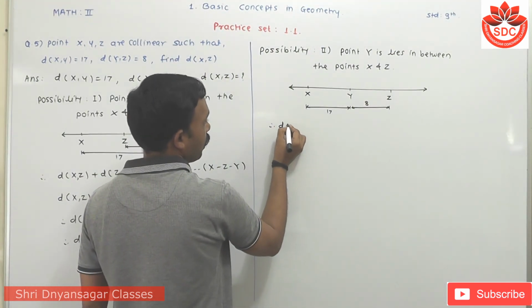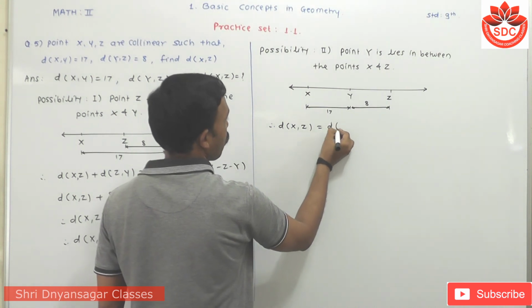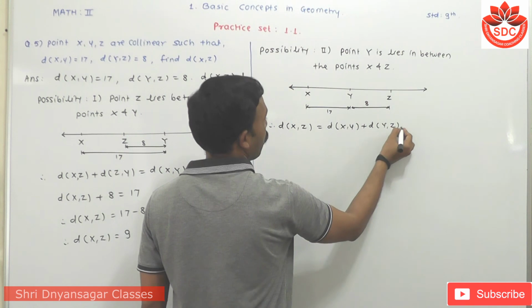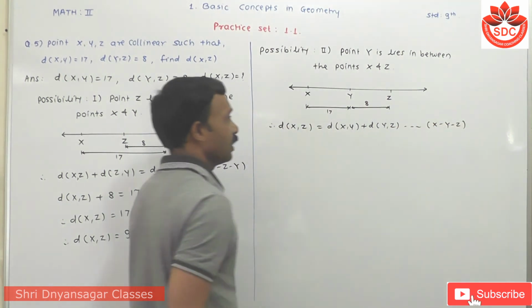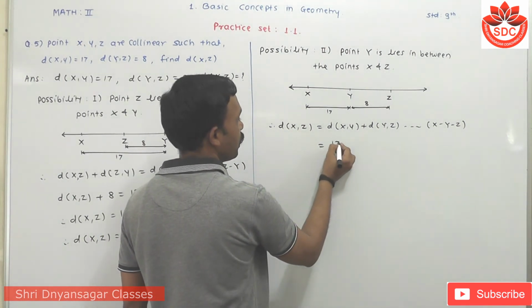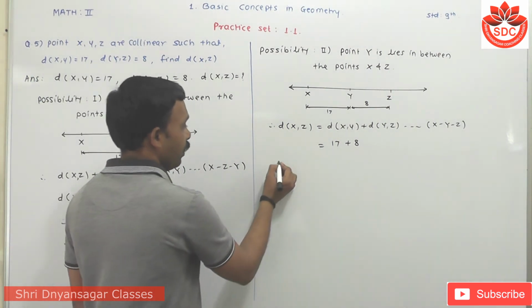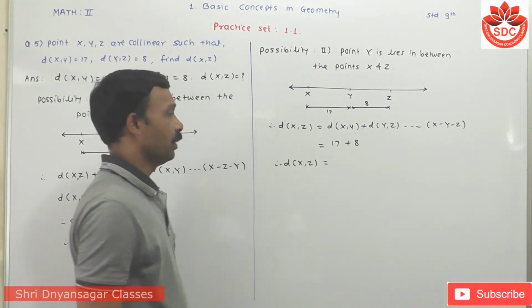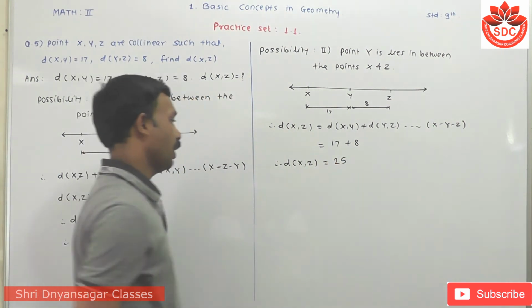Therefore, by using this property, the distance of XZ is equal to the distance of XY plus the distance of YZ, because Y is in between X and Z. XZ is equal to 17 plus 8. Then the distance of XZ is 17 plus 8, which becomes 25.